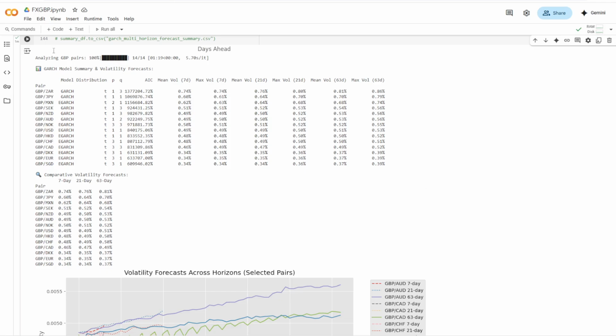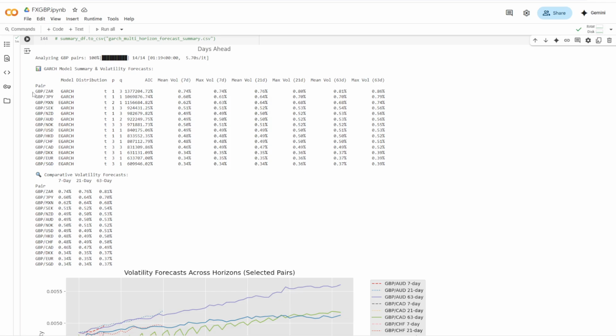Here we are. Okay, so we have everything. So model distribution tells us the P and the Q parameters. It tells us which model it has used automatically in the computer. If it was asking me, I would take ages to do that. And then it gives us a very interesting table because it tells us the average volatility, not volume, in 7 days.